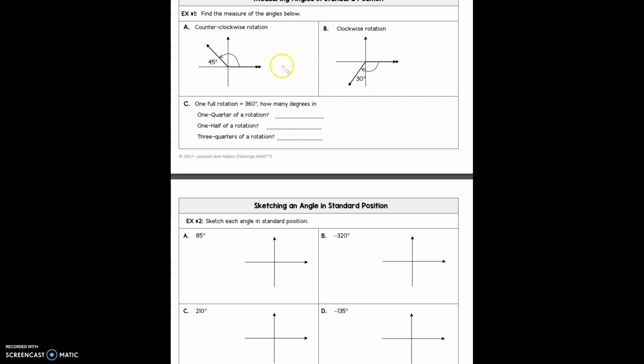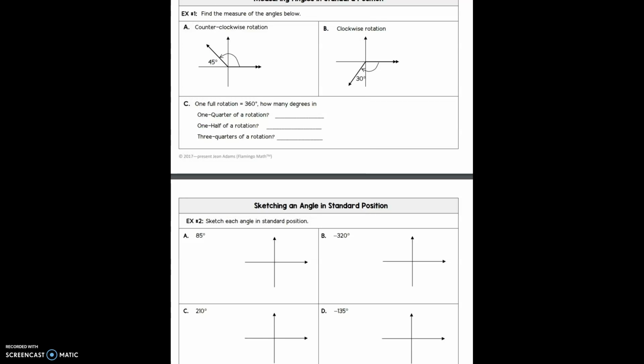Okay. Another thing that you want to know is this right here is a right angle. So this is 90 degrees, this is 90 degrees, 90 degrees, and 90 degrees. So if you know that this whole line right here, in geometry you guys learned that a line is 180 degrees.